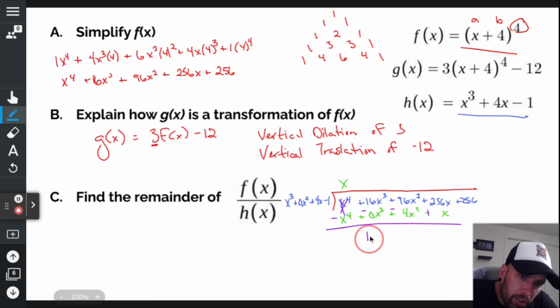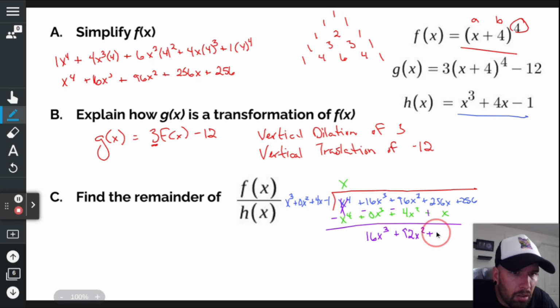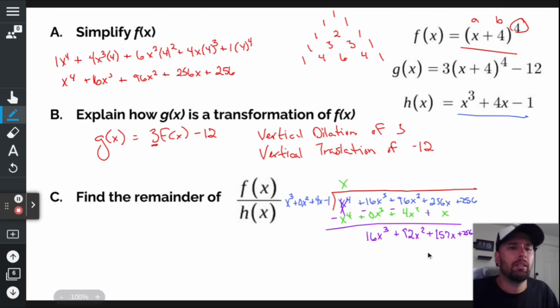Minus, minus, minus, plus. You go away. You become 16, because x to the third times 16 gives me 16x to the third. I jumped the gun. Sorry. Plus 92x squared. No, I did it right. So plus 257x, drop down the 256.